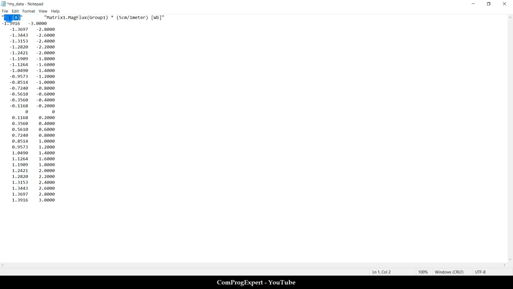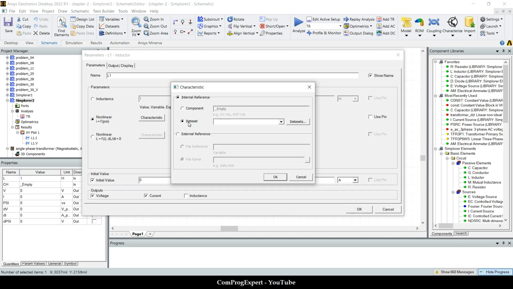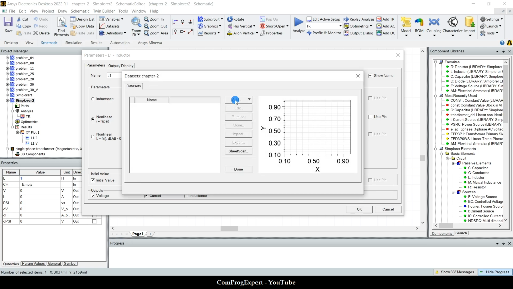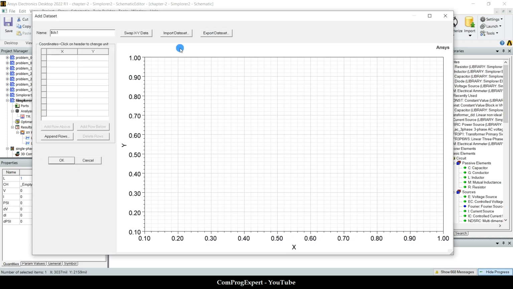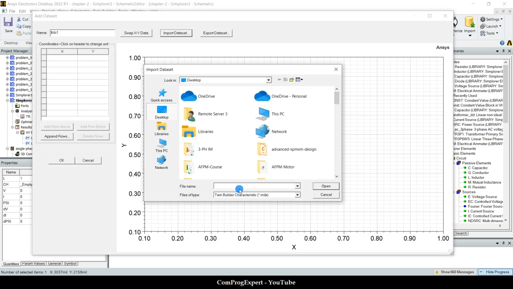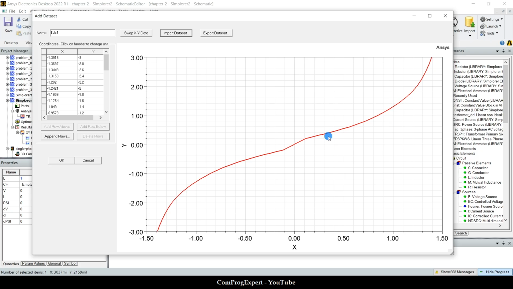This is X and this is Y. Let's save the notepad. Here in the Simplorer, let's define the dataset, 1D dataset, import my data. So this is the characteristic.